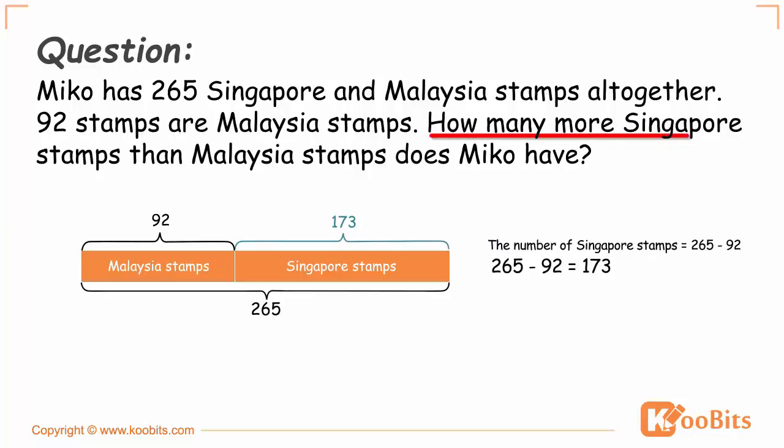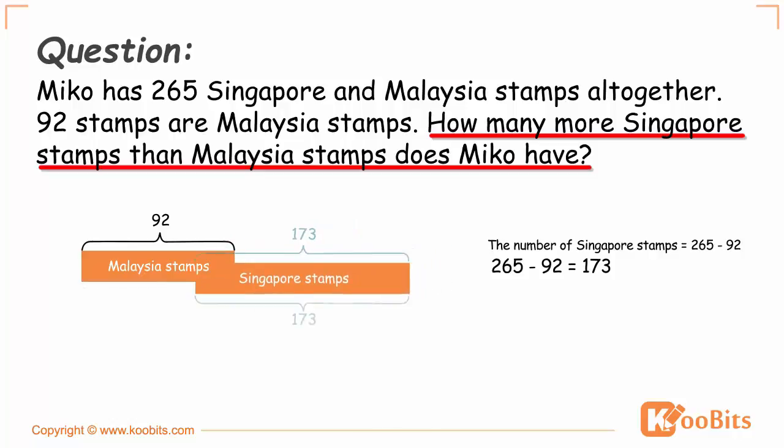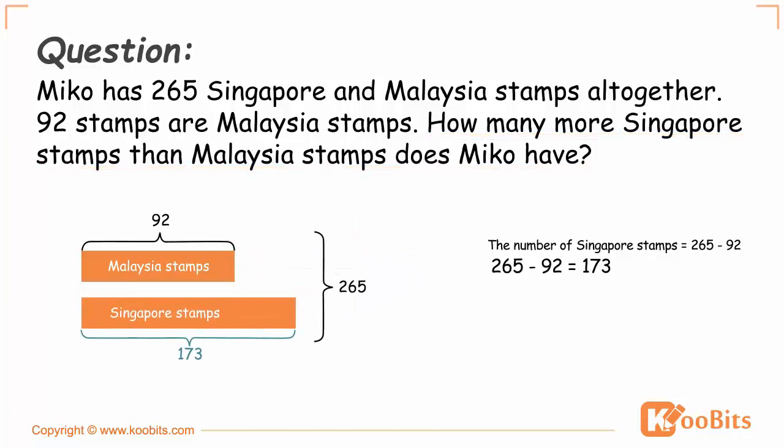How many more Singapore stamps than Malaysia stamps does Miko have? Now, the question asks to find the number of Singapore stamps that are more than Malaysia stamps. Let's compare the 2 rectangles. There are more Singapore stamps than Malaysia stamps.